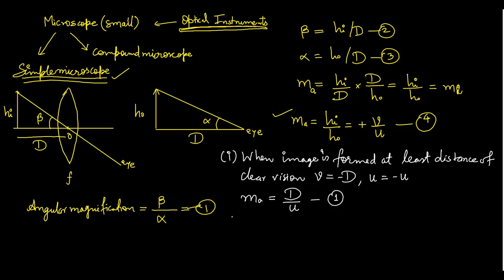Now this d by u value, we will derive. How will we derive? With the help of the lens equation.